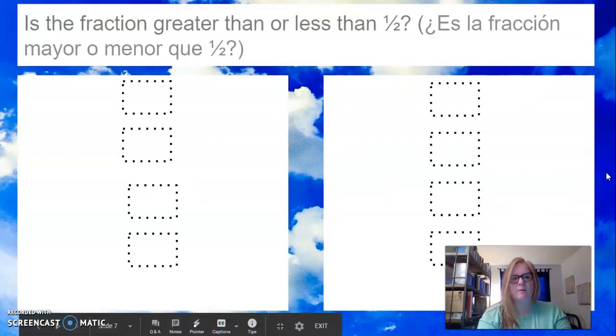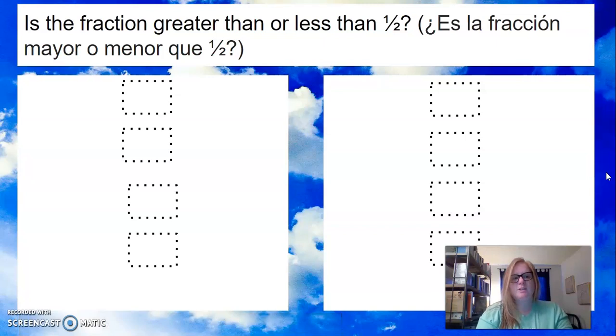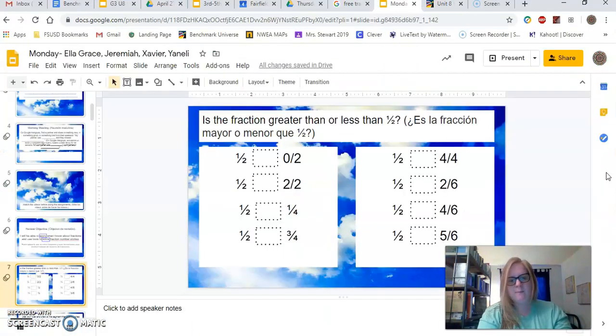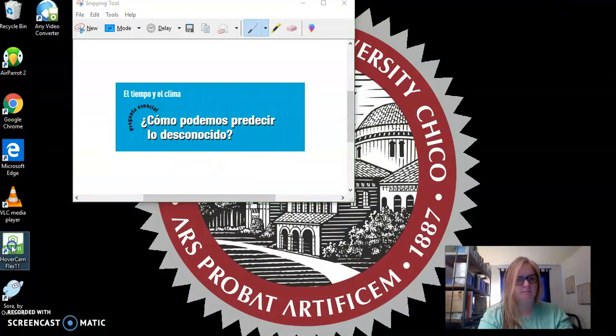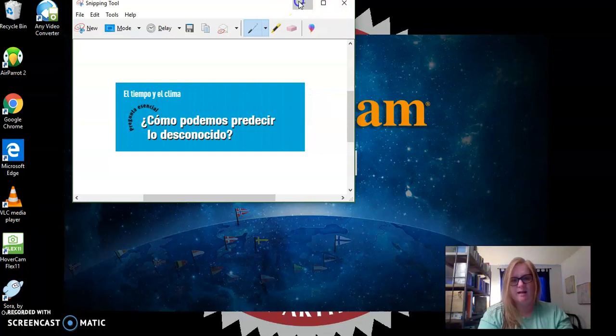Okay, so your math warm-up today is you're going to identify if the fraction is greater than or less than half, okay? And one of the ways that I like to double check is by using a piece of paper. And actually, I like doing fraction strips for myself.